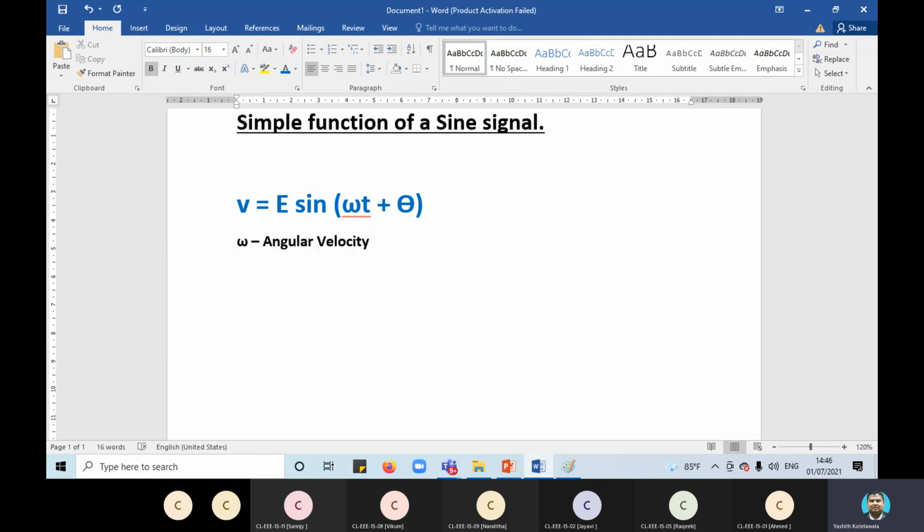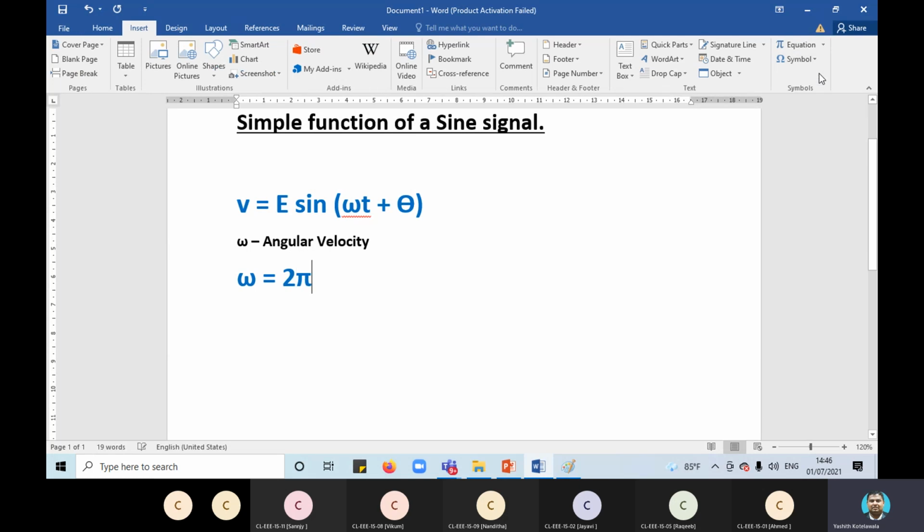And moreover, omega is equal to 2 times pi times f times t. 2 pi ft. Right?